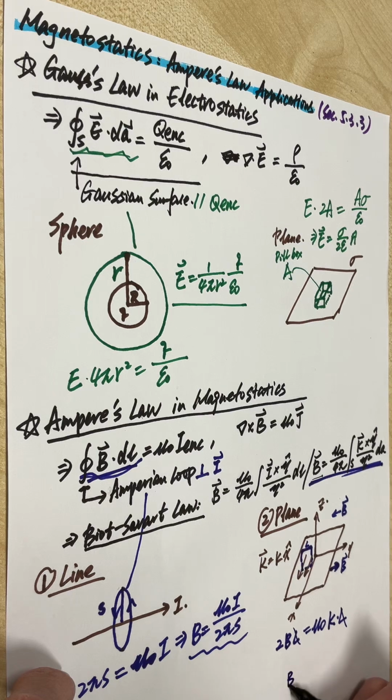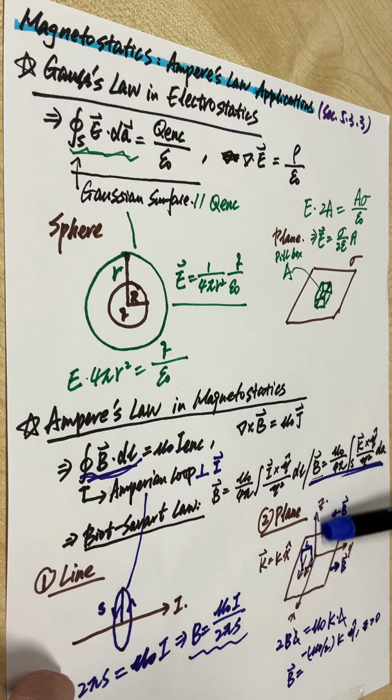So in summary, we have B equals mu 0 over 2, K, and then the y direction, with a minus sign when z is bigger than 0. So for any point above the plane, we have the negative sign here.